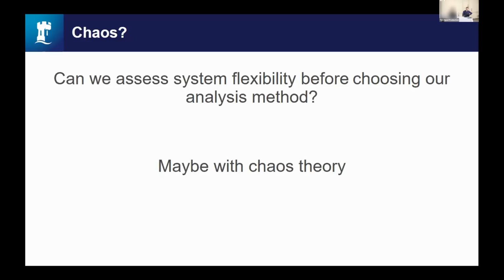A closing remark, because I won't have time to go through that, and I can discuss this later in the break, is what we were looking at: before we analyze our simulation data, can we actually predict what methods might work better and which worse?